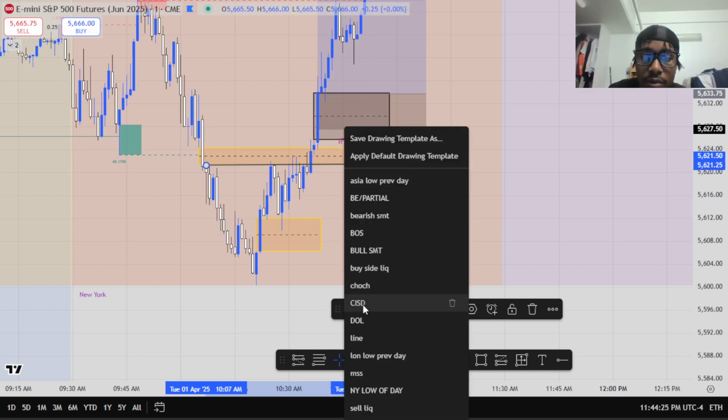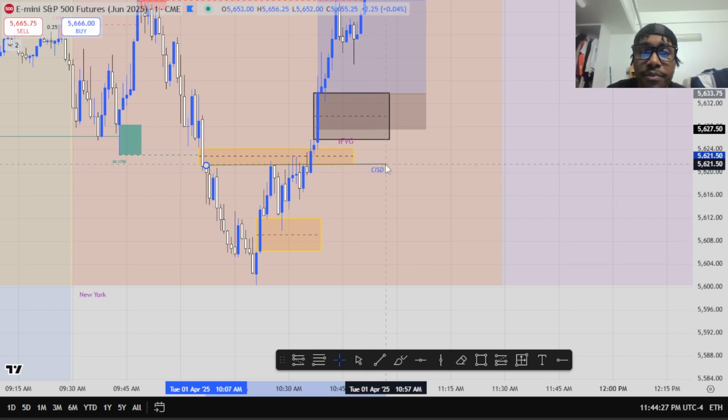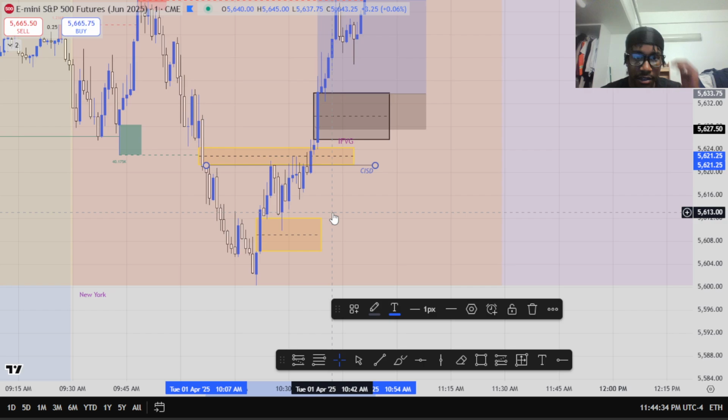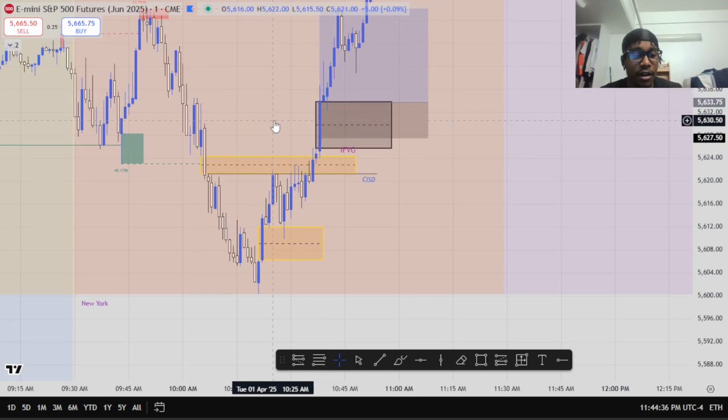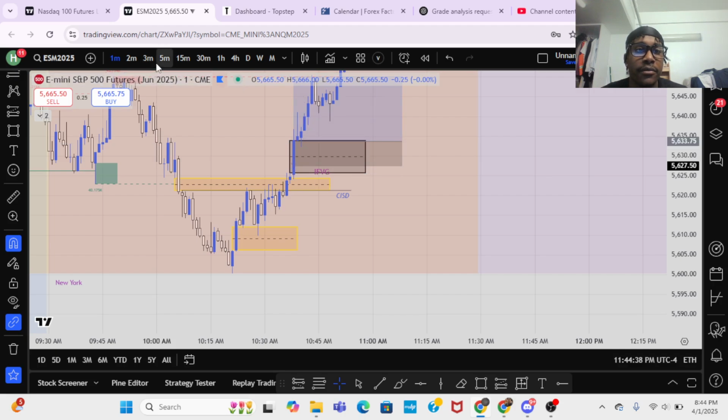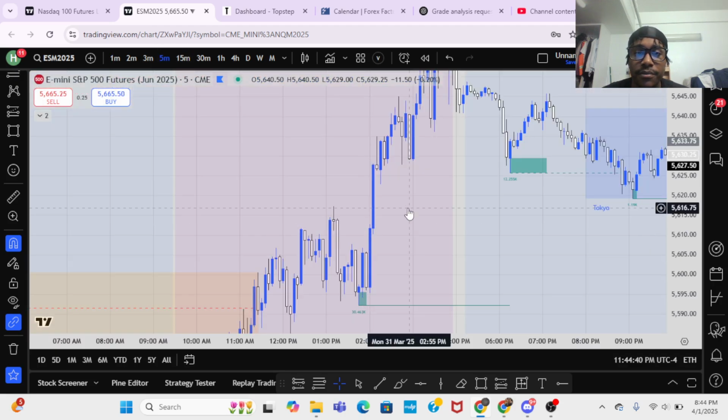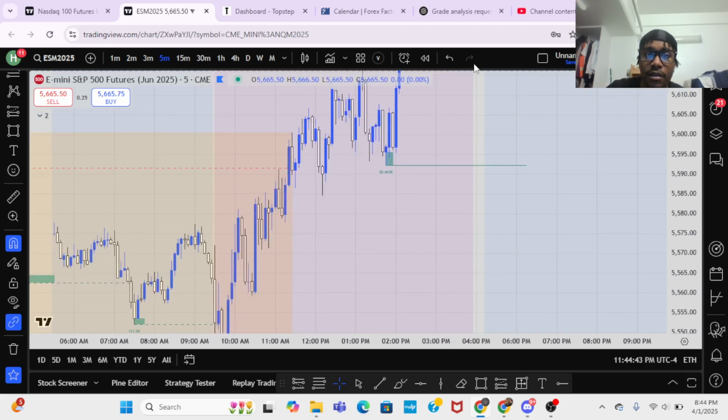Where I expected price to want to push higher, we had a change in state of delivery here. I was aligning this 1 minute with the 5 minute as well.